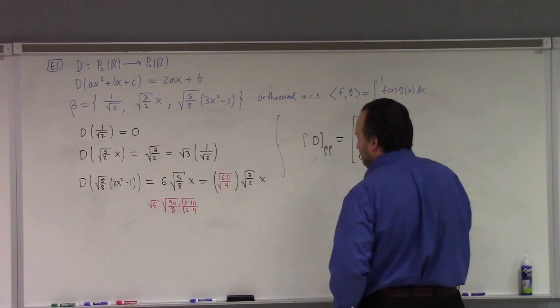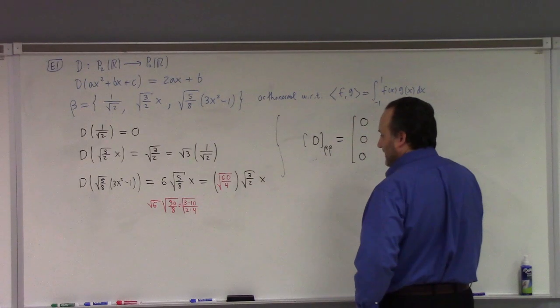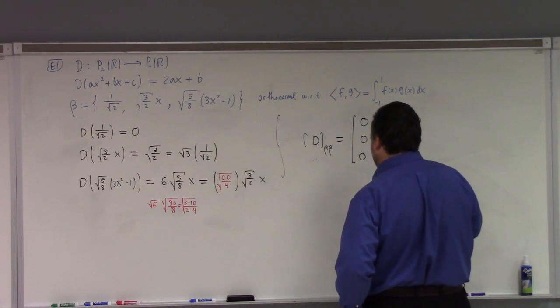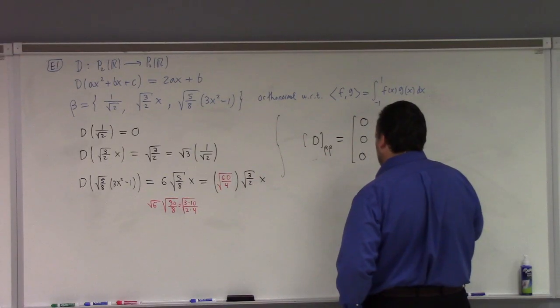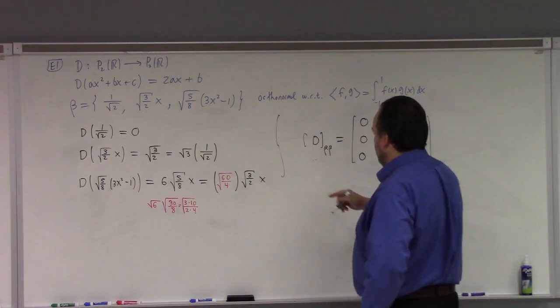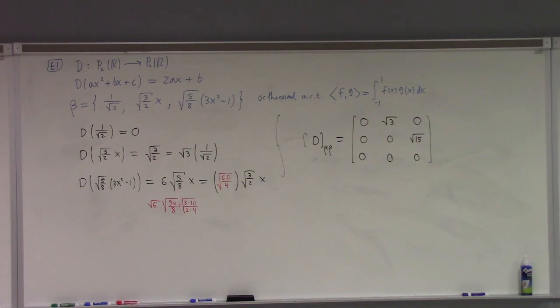The third column, it's got 0 constant terms, but the x term allegedly, that's a 15, right? 60 over 4. Is that 15? Okay. So I think this right here is the matrix of the differentiation operator with respect to the Legendre basis. Oh, phew. I was like, wait a minute. I've got something else in the notes, but no.